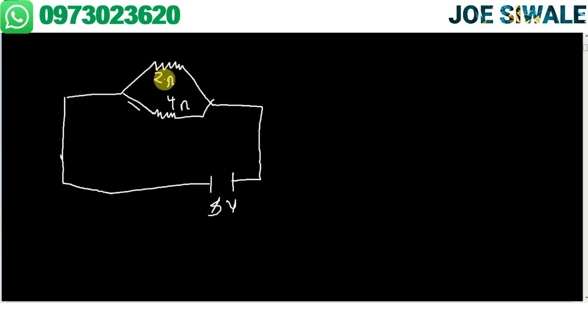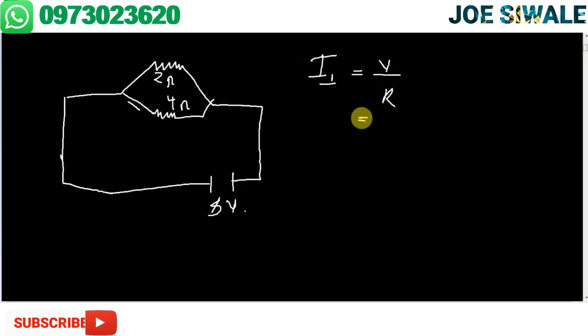Here the resistor reads 2 ohms, and here it reads 4 ohms, and the electromotive force coming from the battery is 8 volts. If you have been told to calculate the current, you can calculate the current flowing through this resistor. Our first current is equal to voltage divided by resistance, and we know that voltage is always the same in a parallel connection. So that's 8 divided by 2, which is 4 amps.